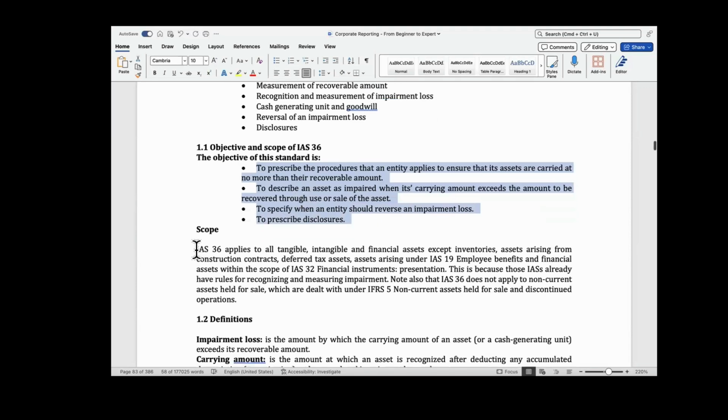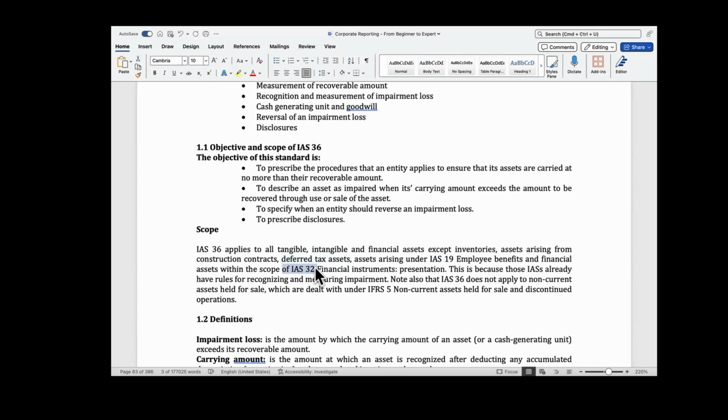And IAS 36 deals with impairment of assets. However, there are certain standards, like IAS 13, this impairment of assets standard in IAS 36 does not apply to IAS 19. And it does not even apply to IAS 12, talking about deferred tax assets, and some aspects of financial assets, because there is a standard, IFRS 9, that deals with impairment of financial assets.